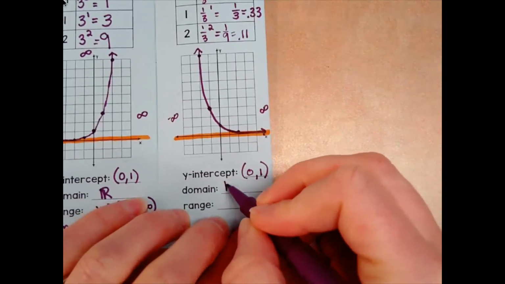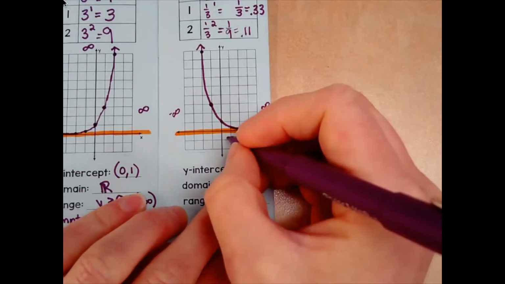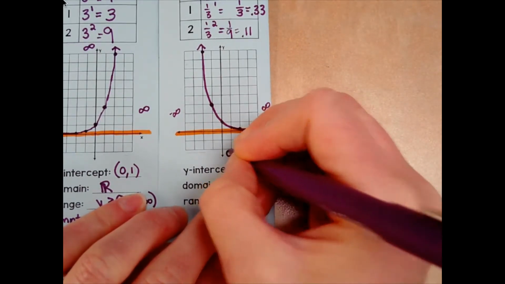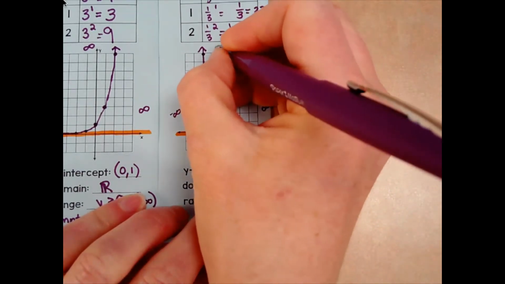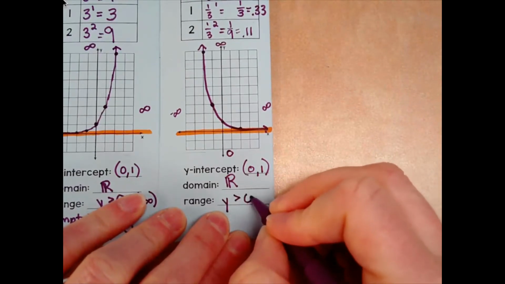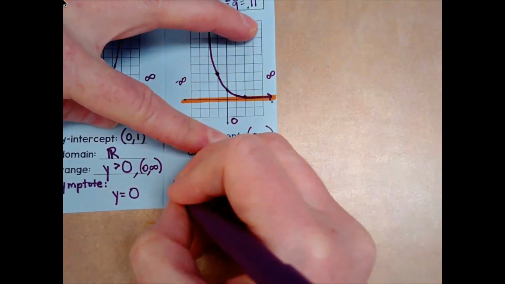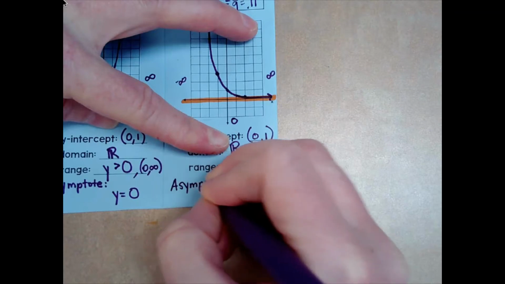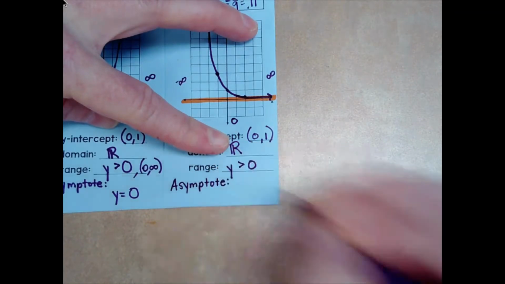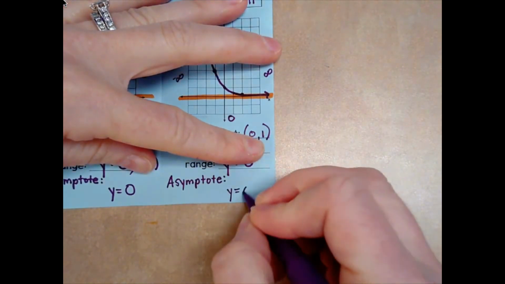So that's all real numbers. And then the range. How far down will it go? 0. And then how far up will it go? So y is greater than 0. And the last thing, the asymptote. So we're at the word asymptote down there. And so what's the equation for the asymptote? Yep, it's just y equals 0.